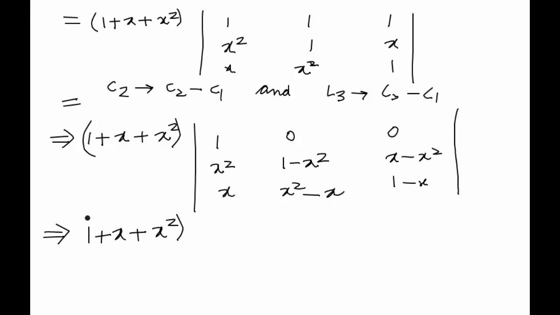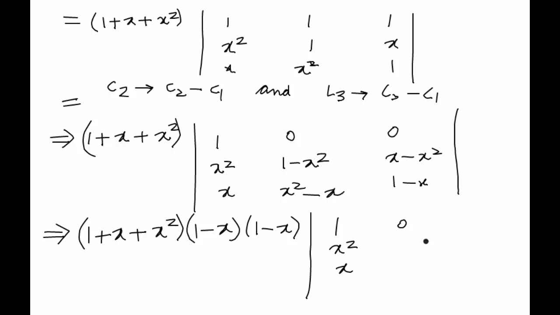Taking 1 minus x common from column number 2 and taking the same 1 minus x common from column number 3, we are left with 1, x², x, 0. So 1 plus x would be left over here and minus x would be left over here. 0, x left and 1 left. So this was the maximum we could take out common.